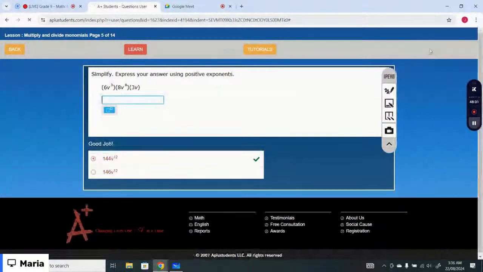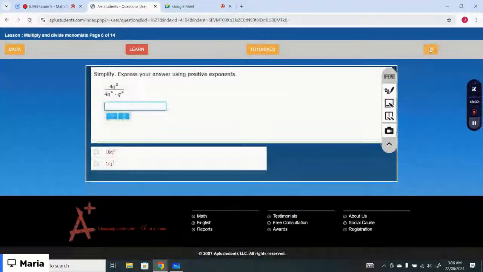Okay, the next one is simplify 4q^5 divided by q^6 times q^6. So which is the correct option?